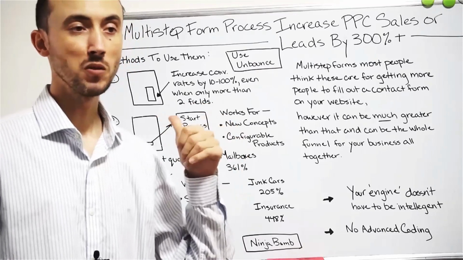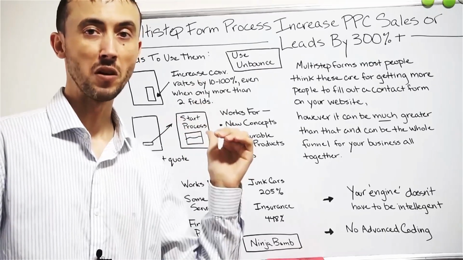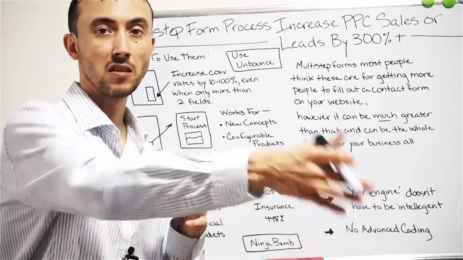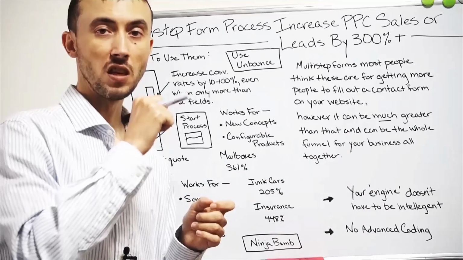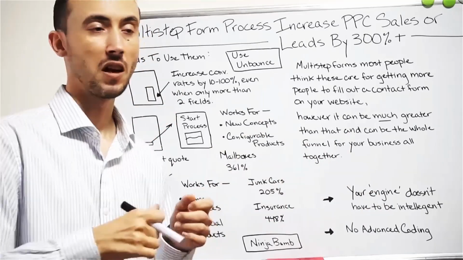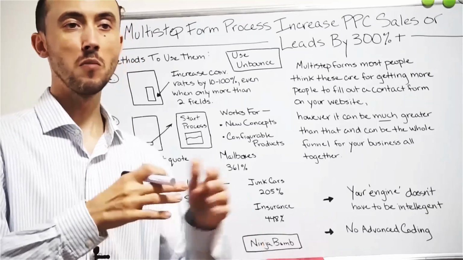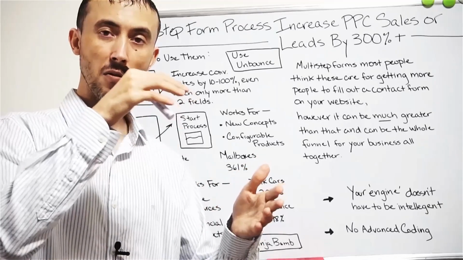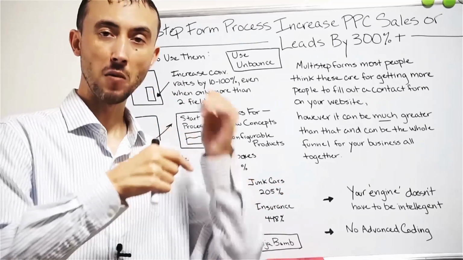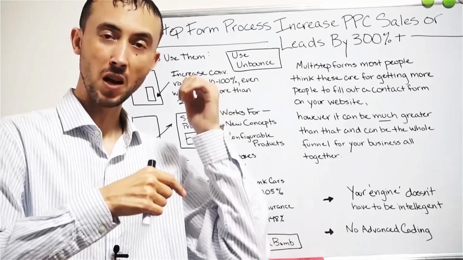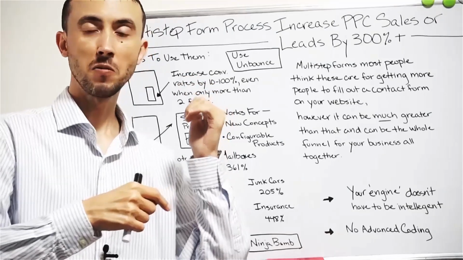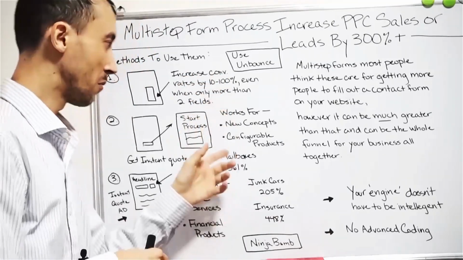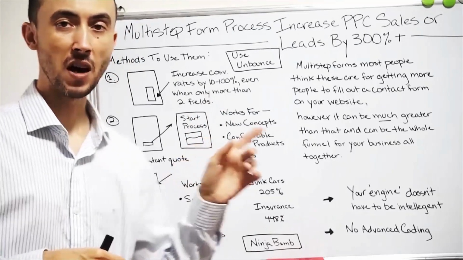There's actually systems that you can have where they fill out their phone number right away. The phone connects to the salesperson specifically, and allows them to have, once it calls the salesman, a voice message that plays when you pick up the phone saying, hey, somebody filled out the multi-step form process.